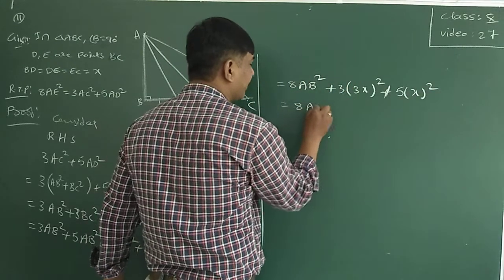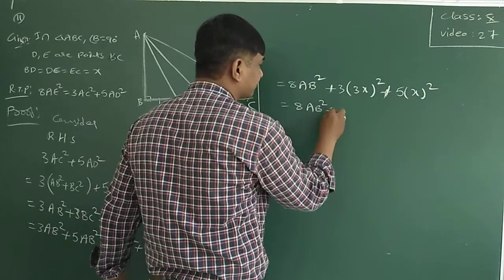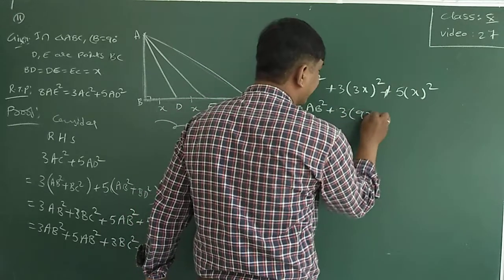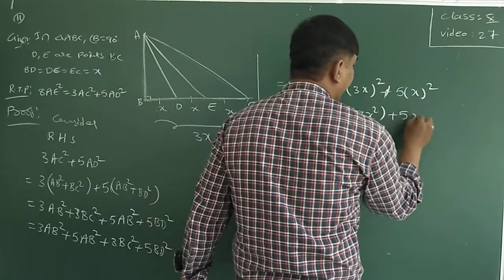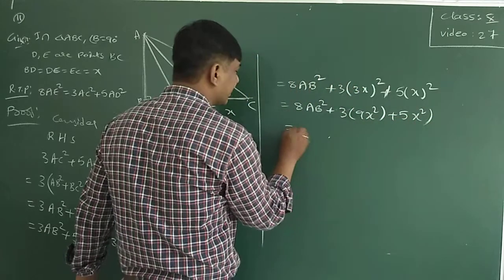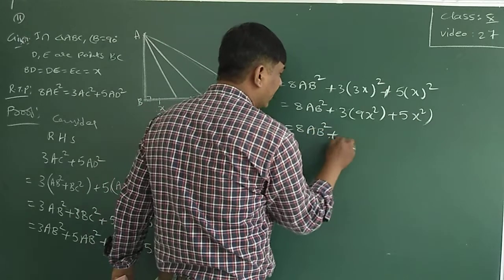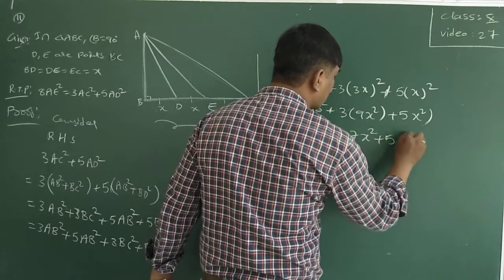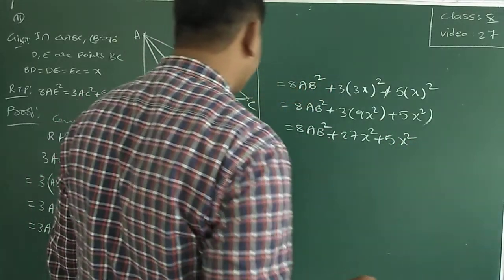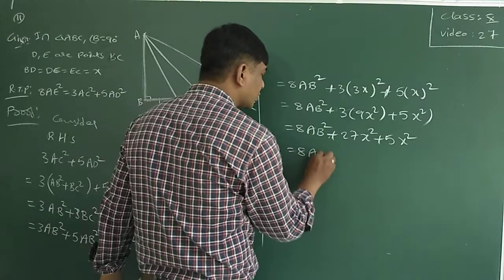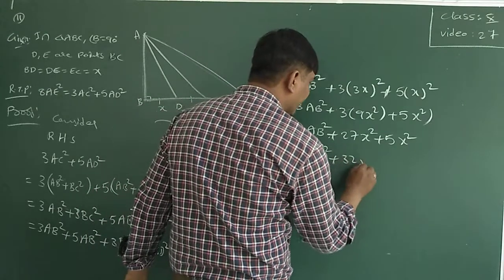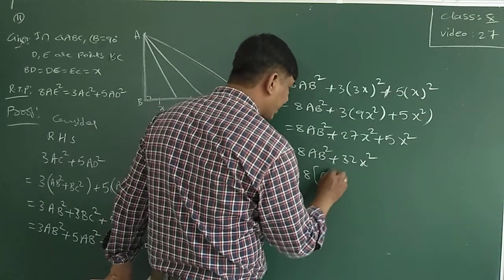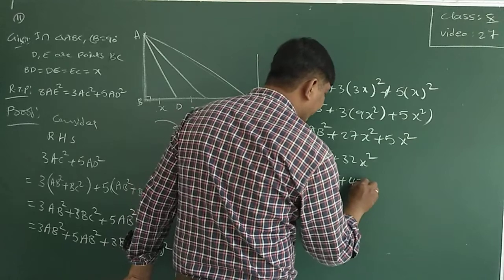That is 8AB square plus 3 into 9x square plus 5x square, which is 8AB square plus 27x square plus 5x square, that is equal to 8AB square plus 32x square. If I take 8 common, this is equal to 8 times AB square plus 4x square, since 8 fours are 32.